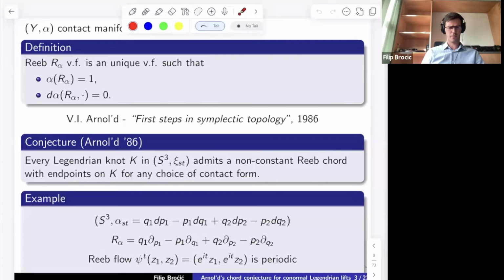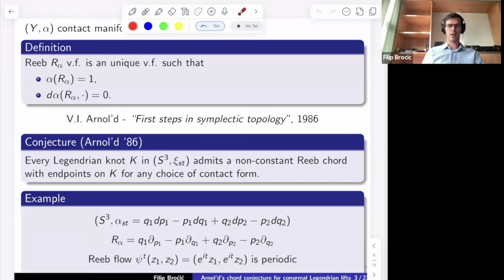Let me give a further example. If we consider the standard contact form on the 3-sphere, then the Reeb flow is periodic, and the conjecture is trivially satisfied because we can start at any point of the knot, the Reeb flow will close the orbit, and the closed orbit is a particular instance of a non-constant Reeb chord with endpoints on the given knot.